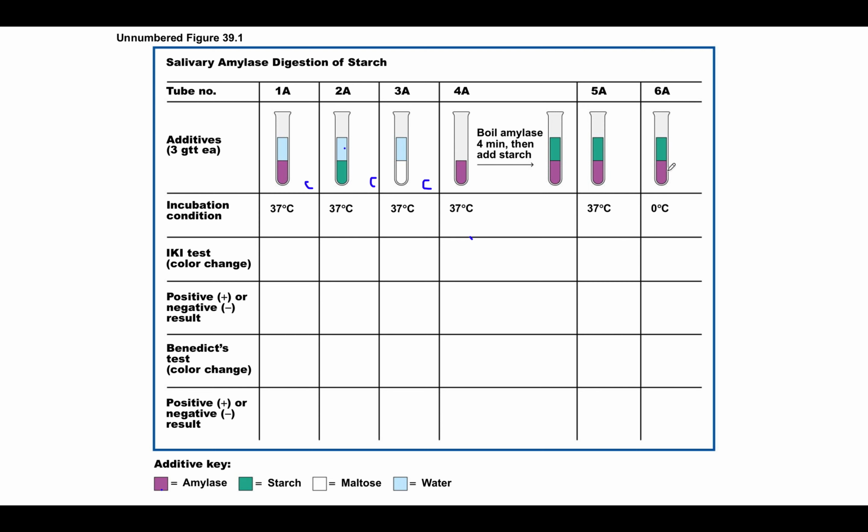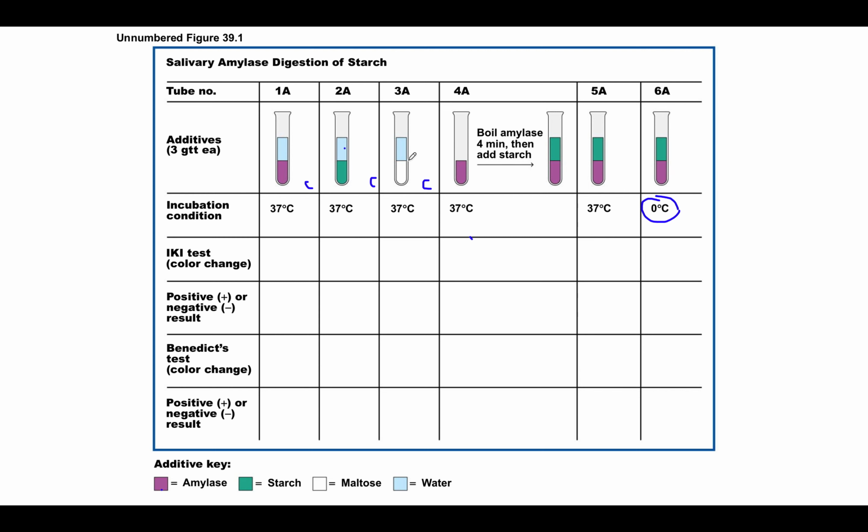And then the sixth tube, again, we have good amylase. However, the temperature is not optimal. We incubate it at freezing temperature, 0 degrees centigrade.